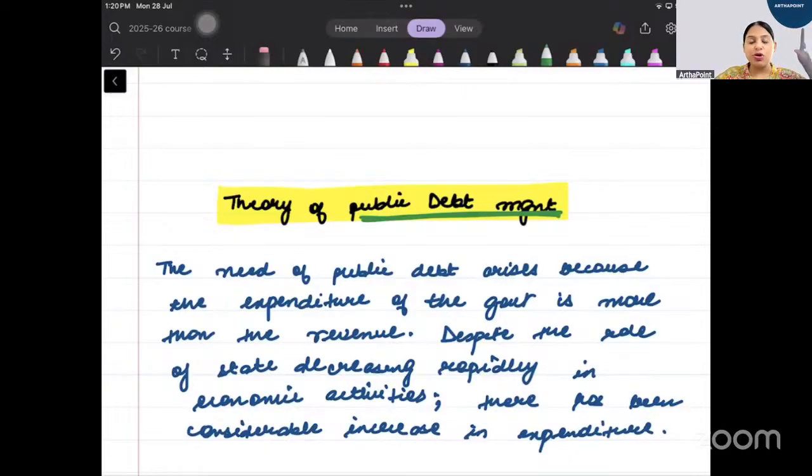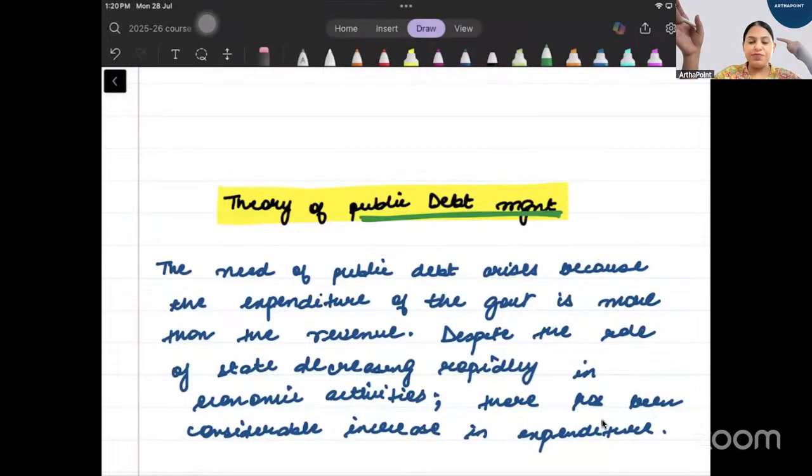You have to make sure that you reduce the loan over time, not increase it over time. So the management of public debt means making strategies to, one, lower the cost of borrowing in the long run, and two, ensure that in the long run you repay the loan.